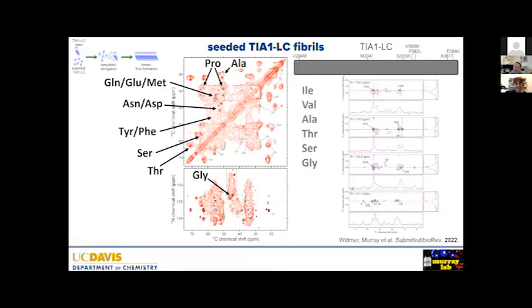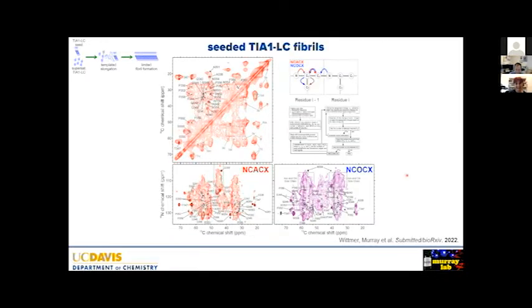And you might be wondering whether or not we had enough signal to noise to observe these signals in the 3D spectra. So I just wanted to show you some planes from one of our 3D experiments shown here on the right. And these are relatively good signal to noise for these types of solid state NMR spectra. So we do believe that these signals are just not present due to molecular motion in the three-dimensional spectra.